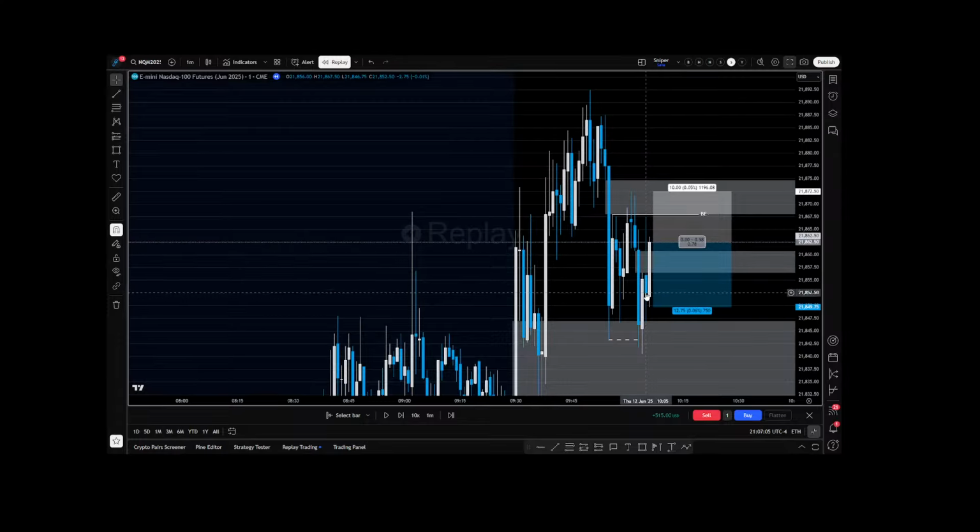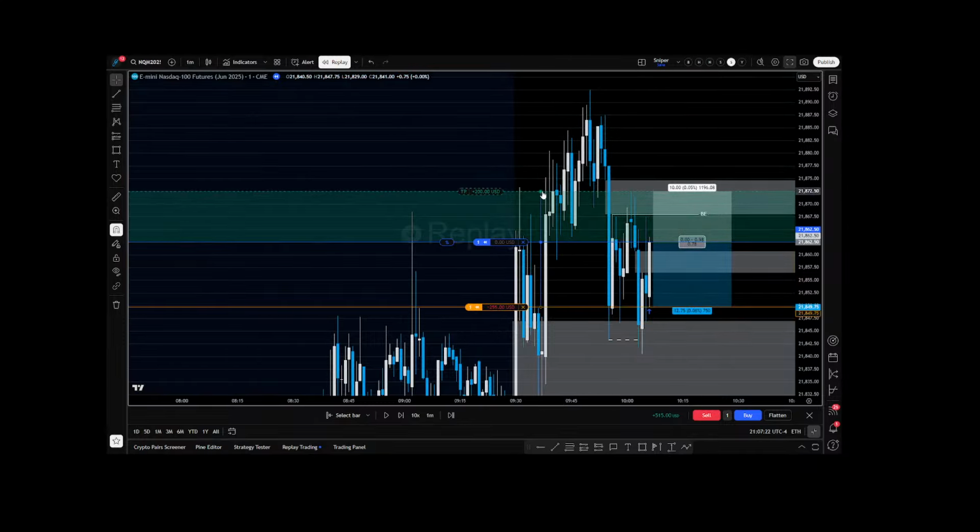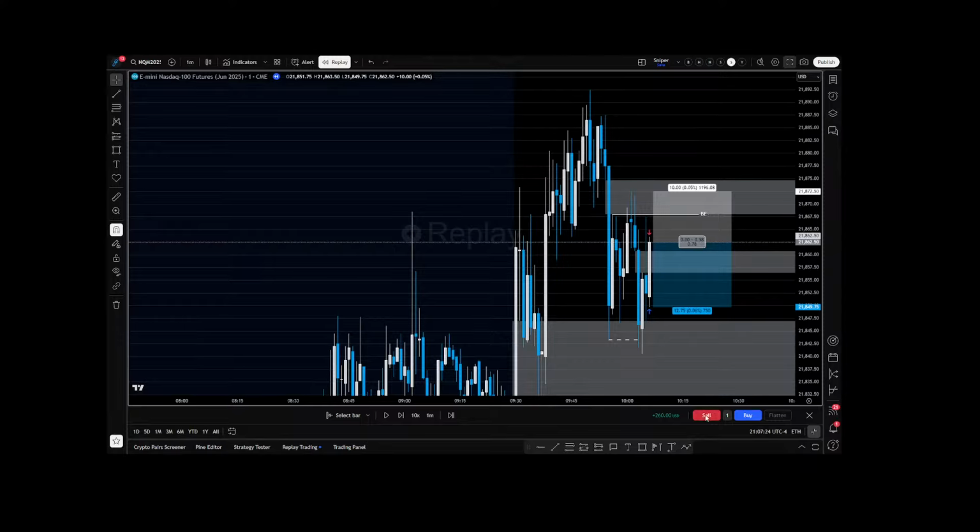Stop can be, you know, if you're not comfortable with a 0.78 risk to reward, what you can do is also put your stop at the mean threshold of this order block. But for me, this is fine. Stop is there, TP at this high. So TradingView, unfortunately, when your stop is on the same candle, that'll automatically stop you out.